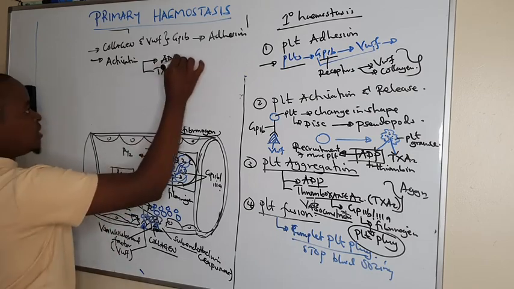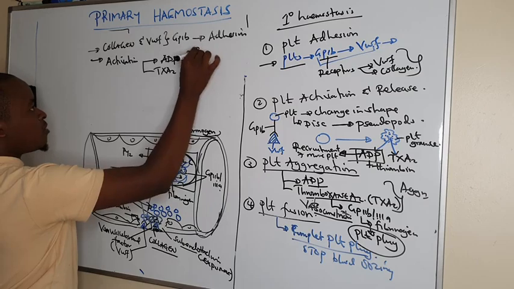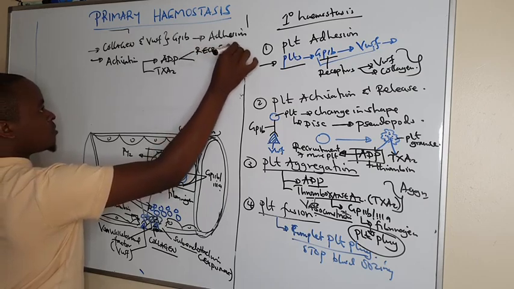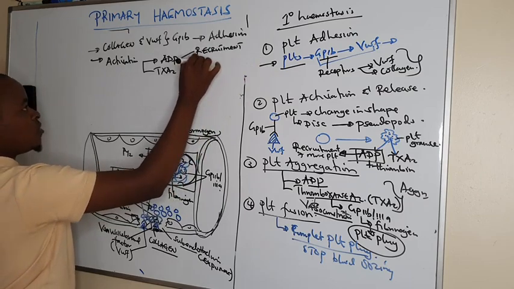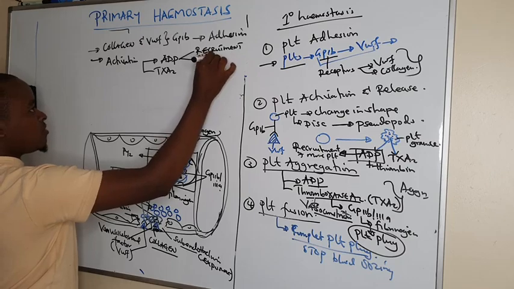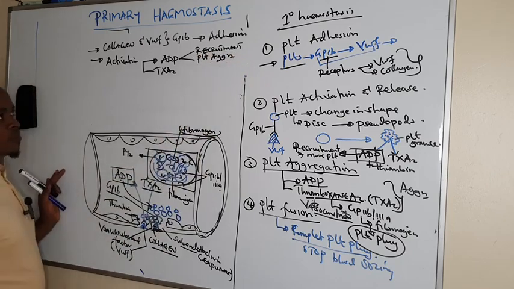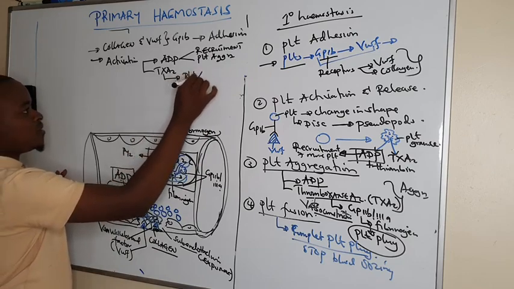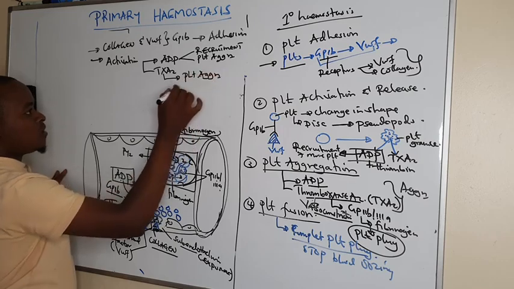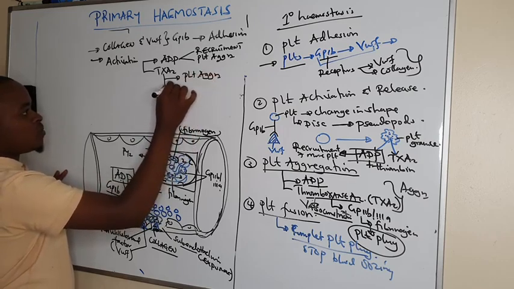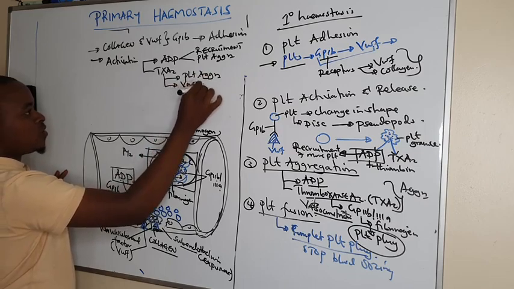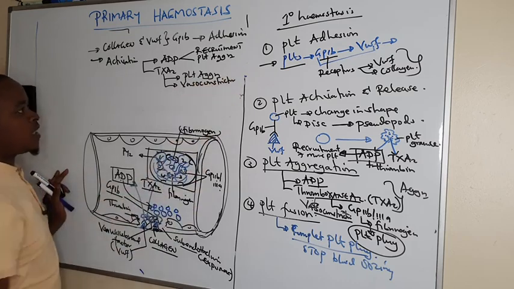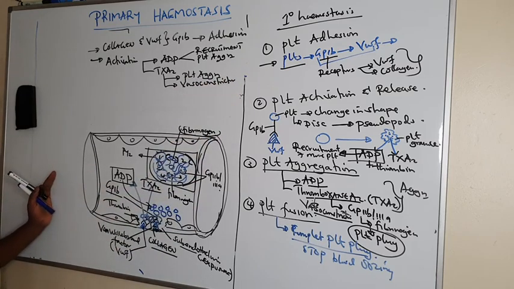We have seen ADP does two roles, that is recruitment of more platelets and also triggering platelet aggregation. Then thromboxane is also responsible for platelet aggregation, together with being a stronger vasoconstrictor. So these are the two roles of thromboxane A2.